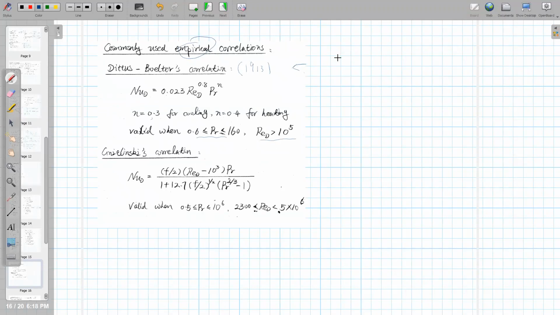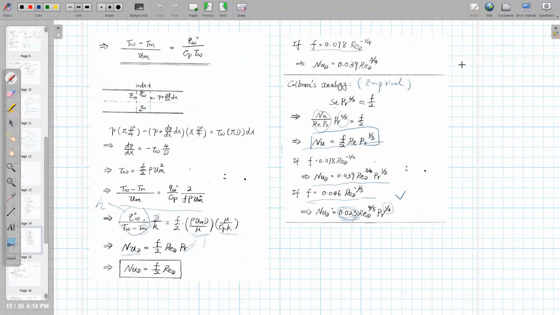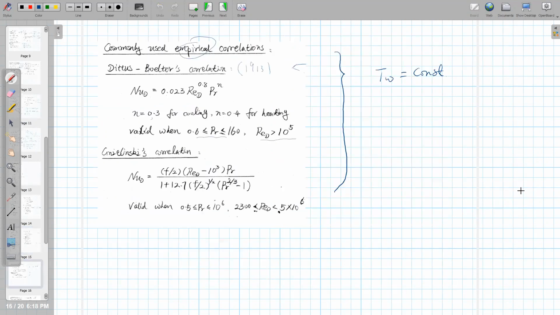But remember, all the cases I'm showing here are only for the T wall constant case. The results I'm showing here are T wall constant. If it's a q wall, constant heat flux boundary condition for the pipe flow, you need to go to the literature to find other correlations.